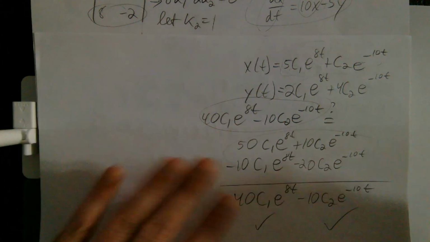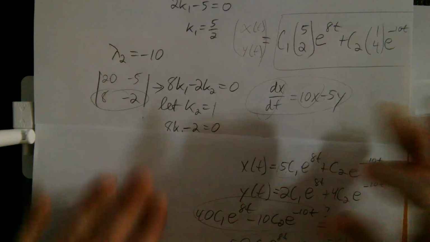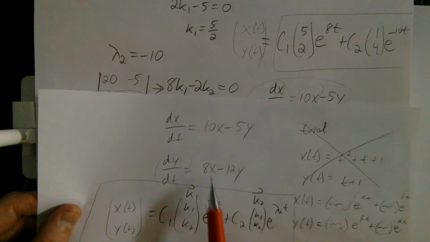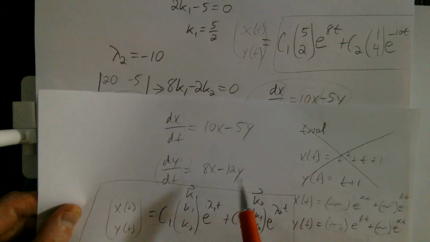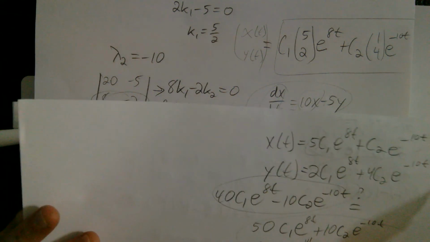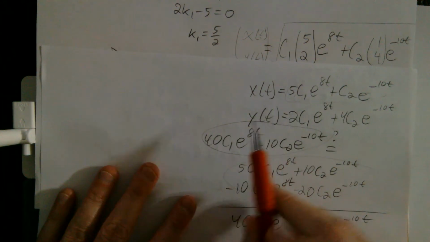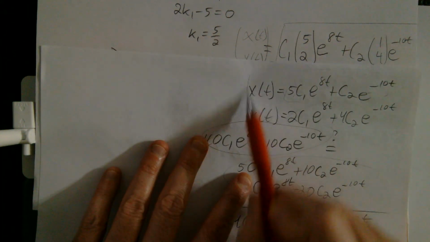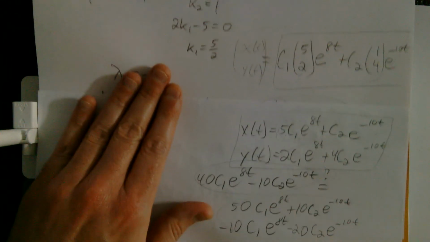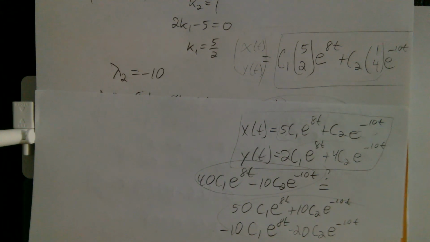So I'll let you test the other original equation, that the y derivative is equal to 8 times the non-derivative x minus 12 times the non-derivative y of our general solution, this being our general solution, or in this form if you like. But that's it. Thank you very much. In the next videos I'll do repeated roots and complex roots. Thank you.